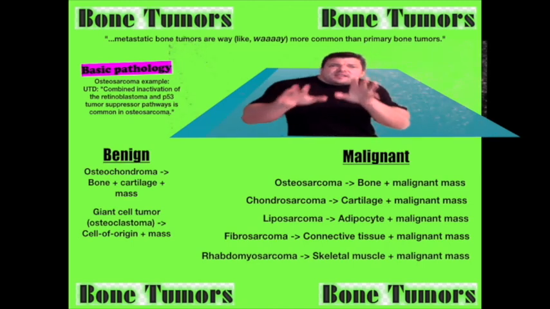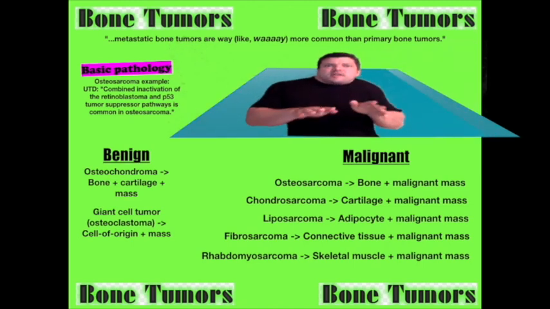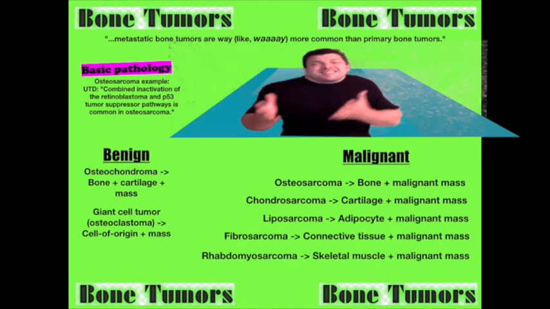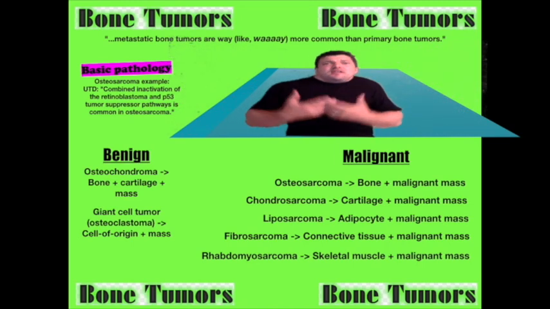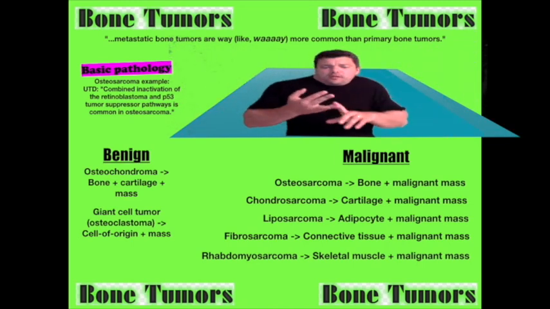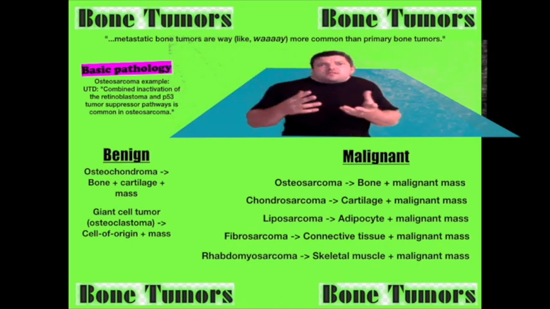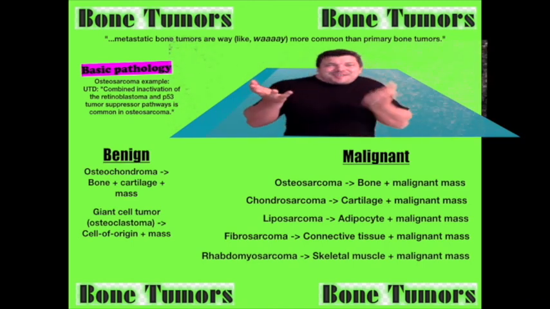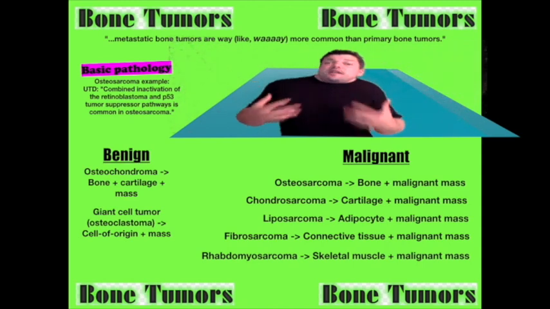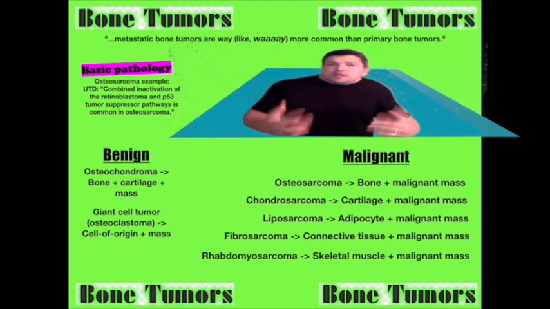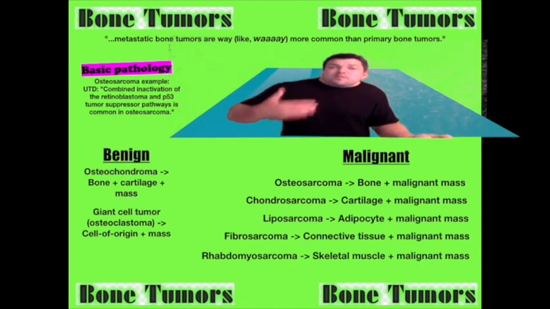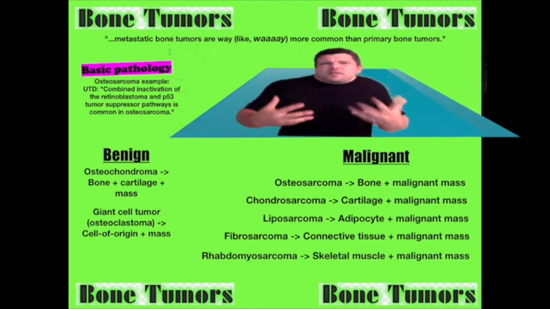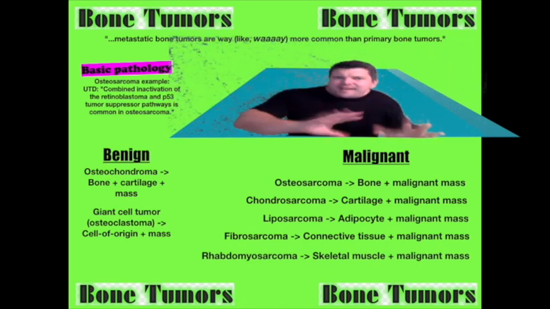Nevertheless, the basic pathologic features that define all tumors and cancer growth still apply, because even our cartilage and our bone cells are still a balance of oncogenes and tumor suppressor genes. So here I give you an example of two common tumor suppressor genes that are known to be inactivated in many osteosarcomas.